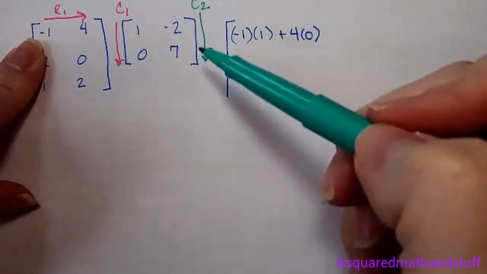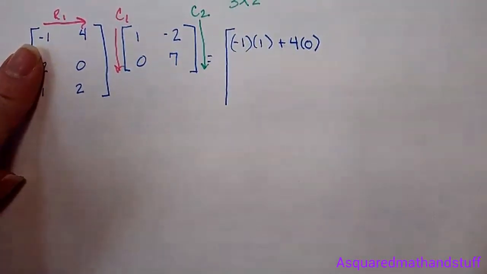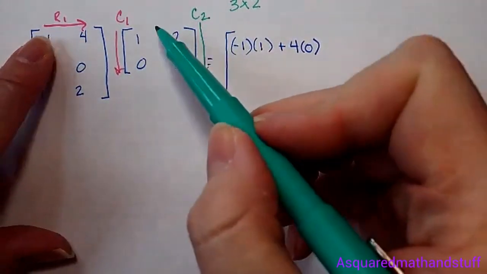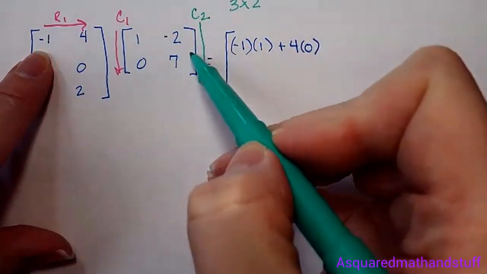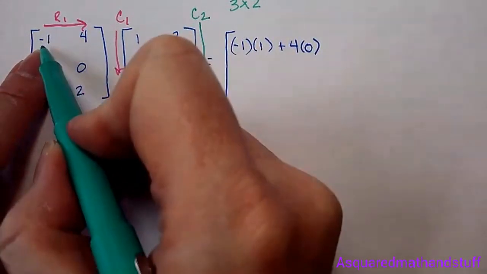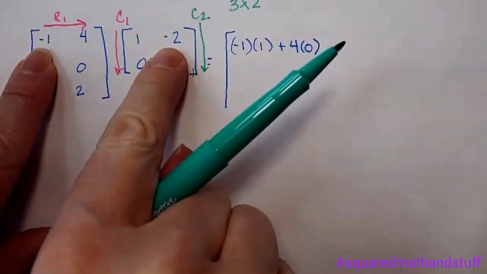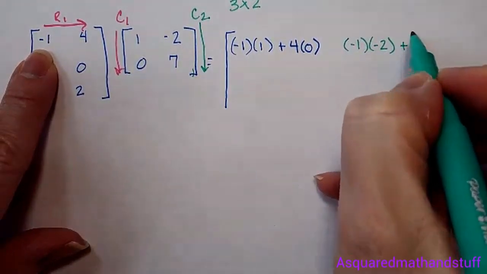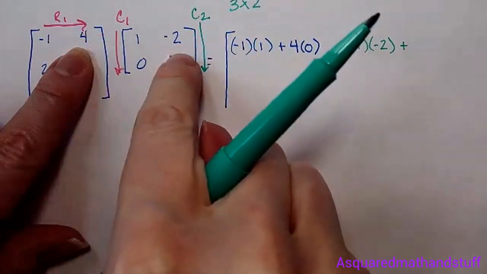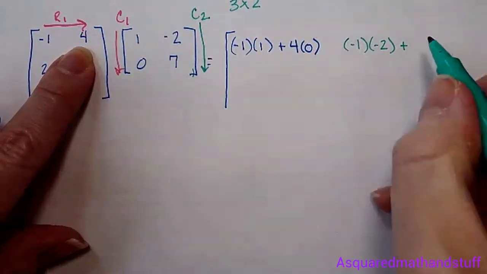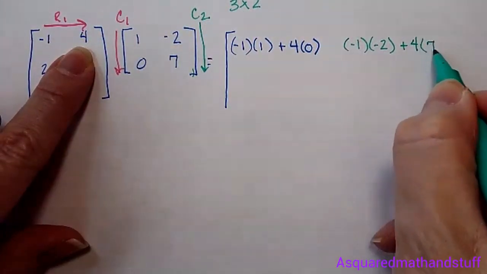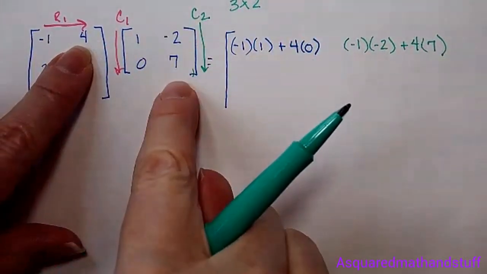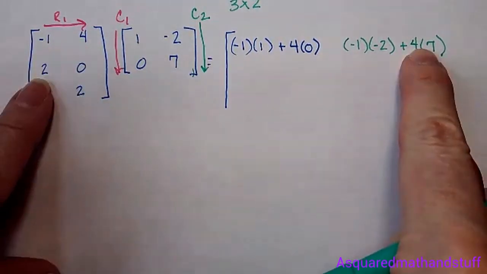Here, let me color coordinate this a little bit more for you. So I'll do this one in the green. So across row 1, down column 2. So we will have -1 times -2 plus across row 1 is 4, down column 2 is 7, so plus 4 times 7. So that completes, we're all the way at the end of row 1 at the bottom of column 2. So that completes our row 1 here.